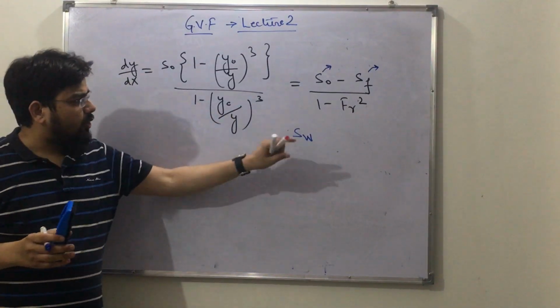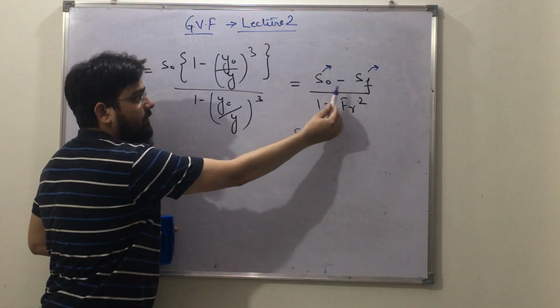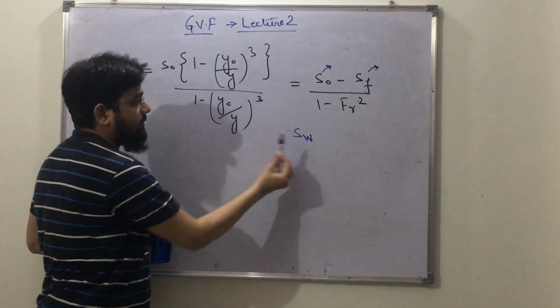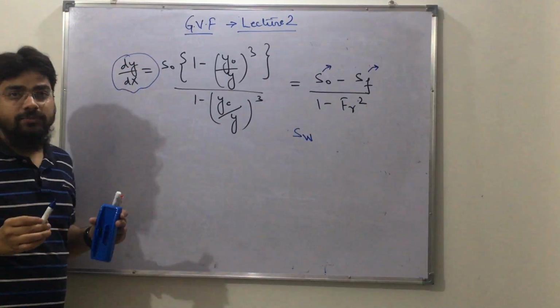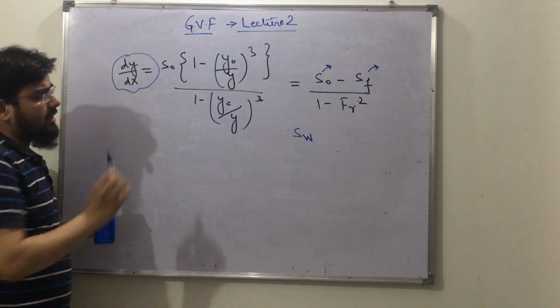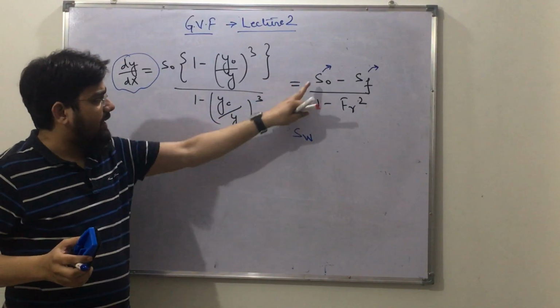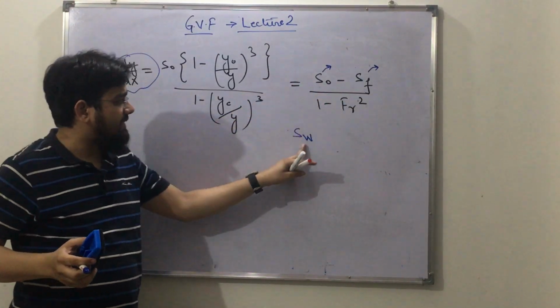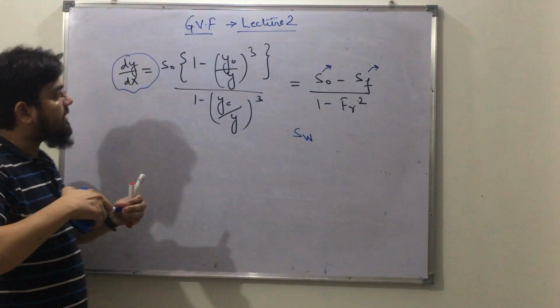There is always a lot of confusion. What is this S0, how is it measured, what is this SF, what is this SW, and consequently what is this dy by dx. This will form the basis of this lecture, so I need all of your attention, so that you understand how S0, SF, SW and dy by dx are measured. Let us begin.